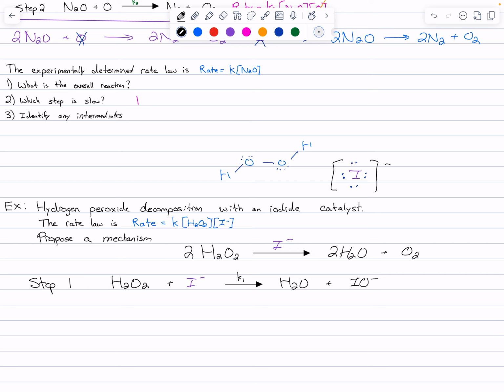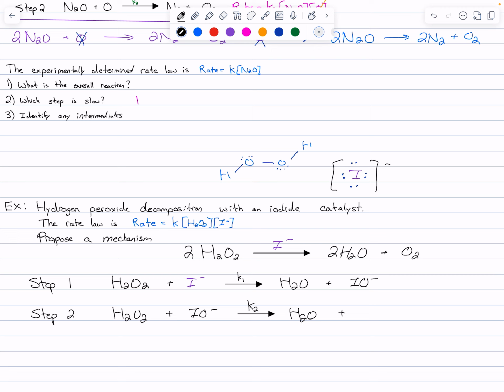All right. Step 2. We would need another H2O2 reacting with our IO minus, going to H2O again. And then what else would we get?